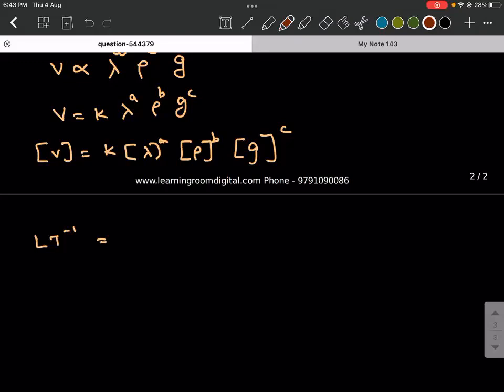LT minus 1. What is the dimensional formula of lambda? Lambda is wavelength, so length. L, so L power A.